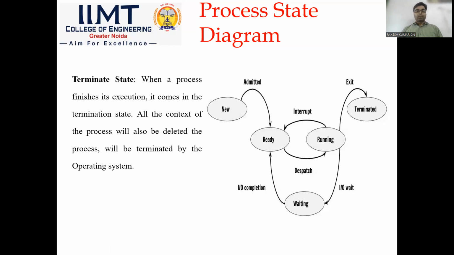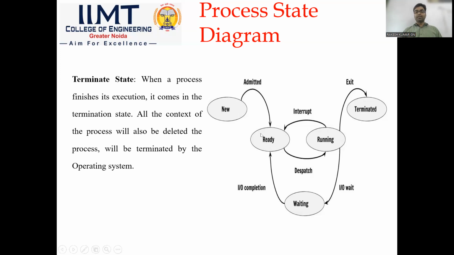In the process state diagram, as the process executes and finally finishes all its steps, it moves from the running state to the terminated state, the last state. So in a nutshell, a process starts from the new state, and after that it moves to the ready state.